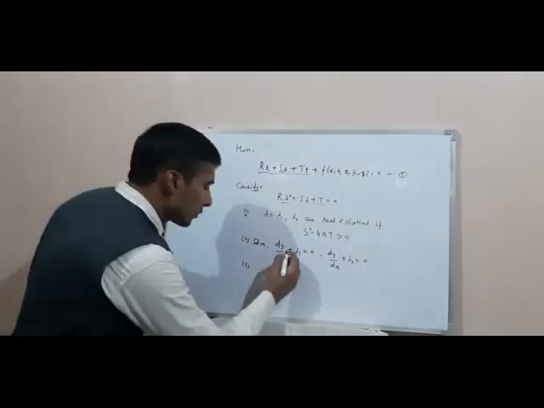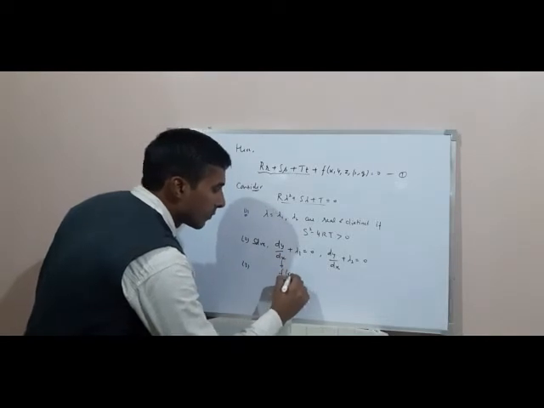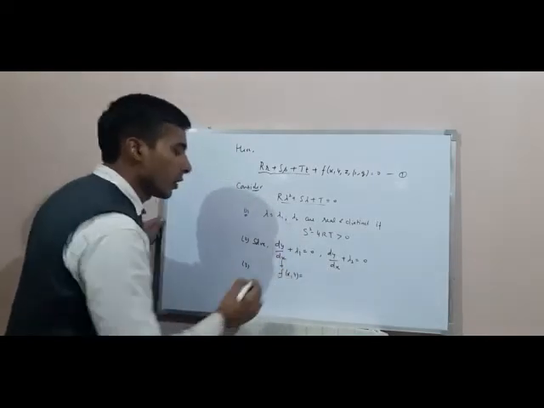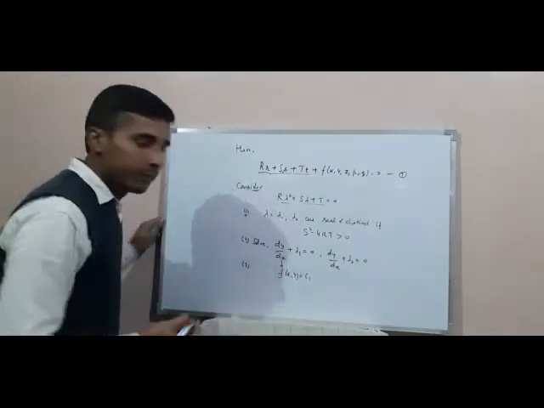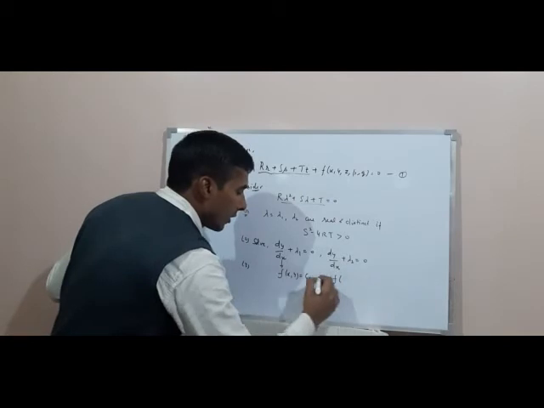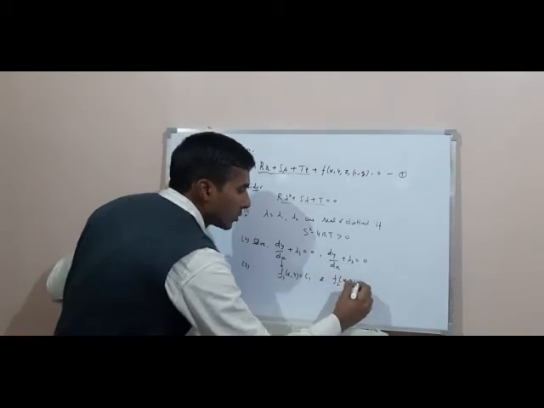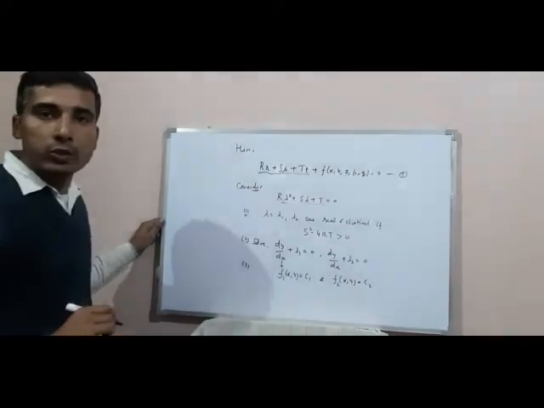The solution of the first equation can be written as f1(x,y) = c1, and the solution of the second equation is f2(x,y) = c2.